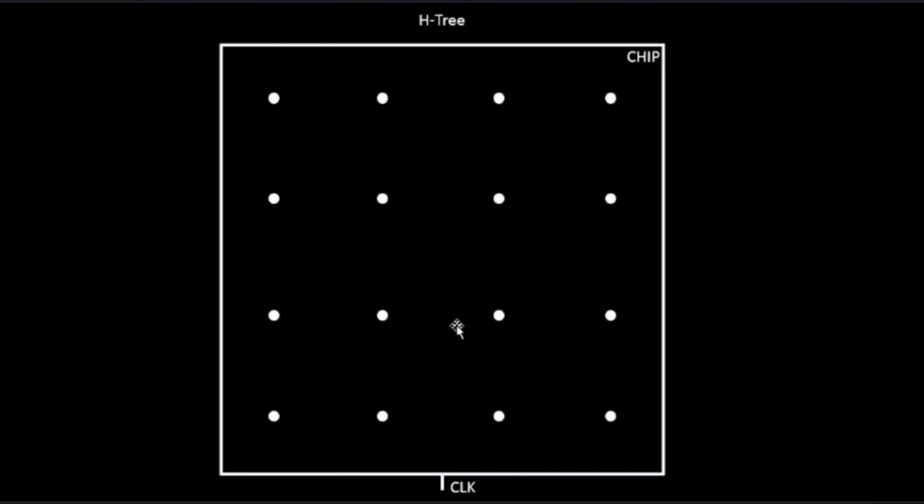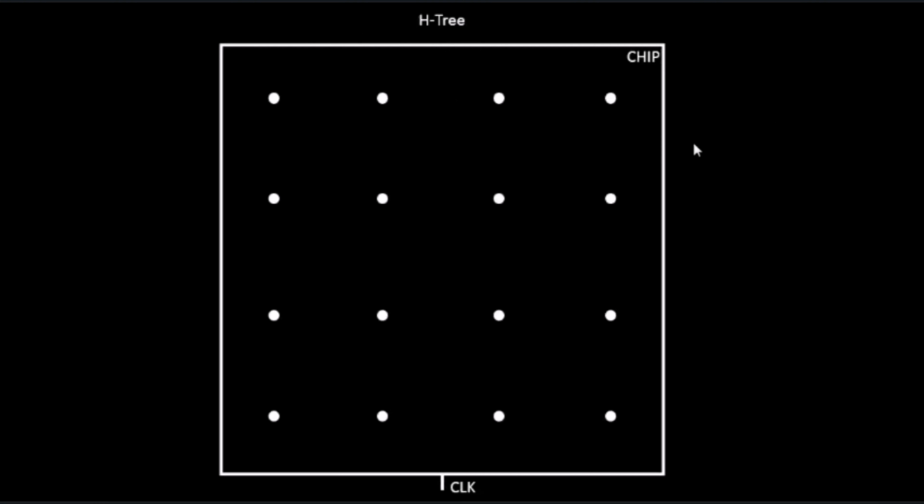So the first step is we'll take this whole chip. It's a top down approach. It's a divide and rule approach. We'll divide everything into small pieces and then try to capture it. The first step will be to divide this complete chip into two halves. We'll take this center line and divide the chip into two halves in this direction.